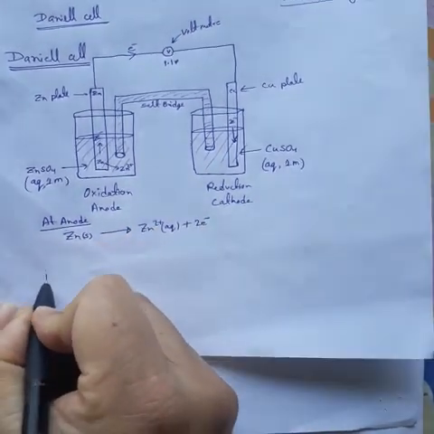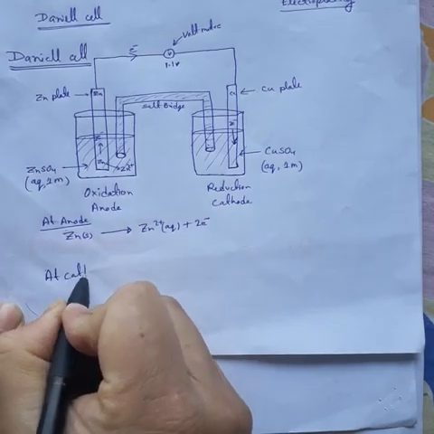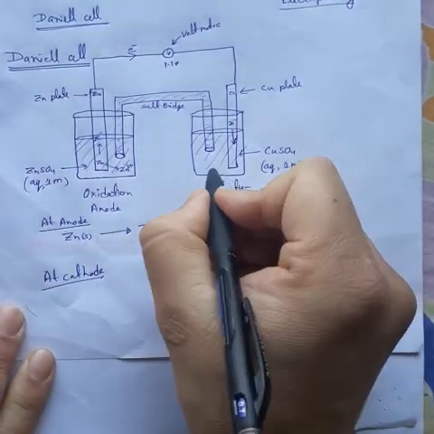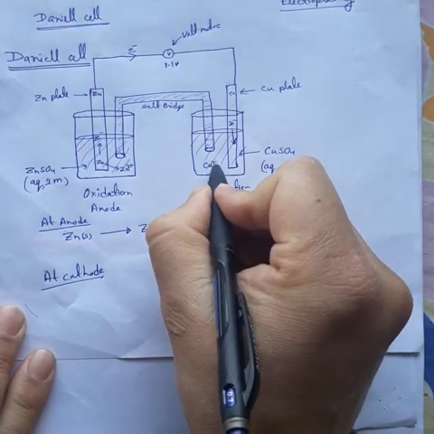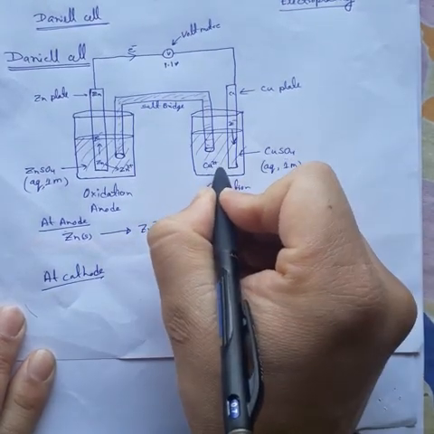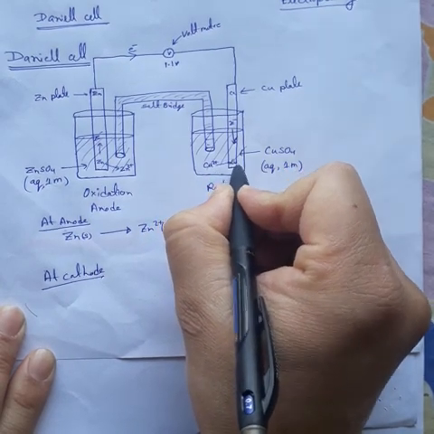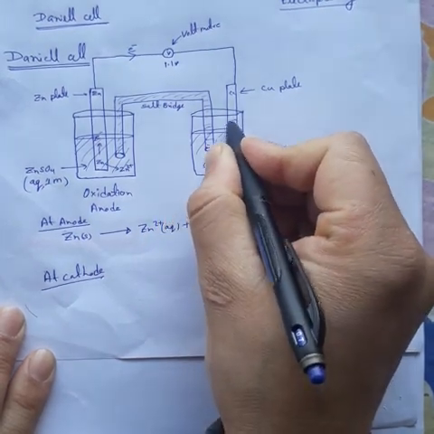Now at the cathode, the cathode is this side. What is happening is that the copper sulfate solution has copper ions, and the copper ion goes to this plate to become copper, accepting these 2 electrons.